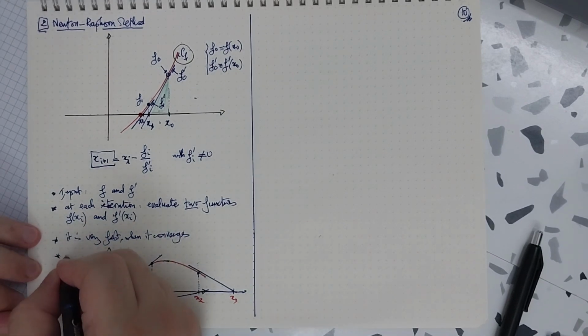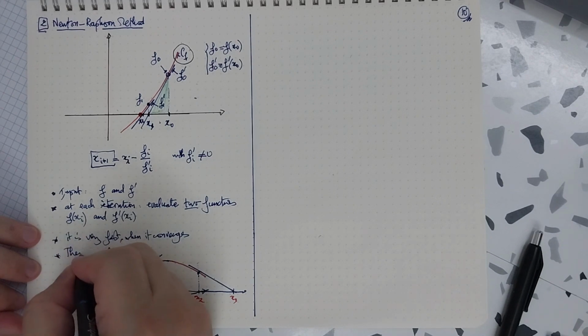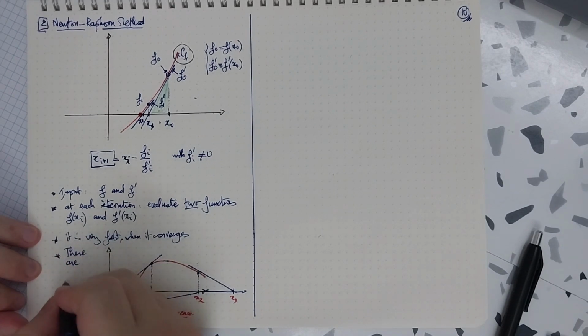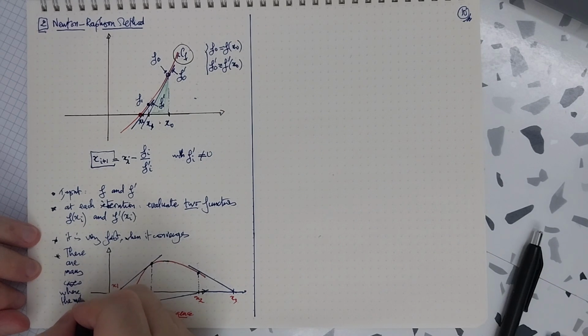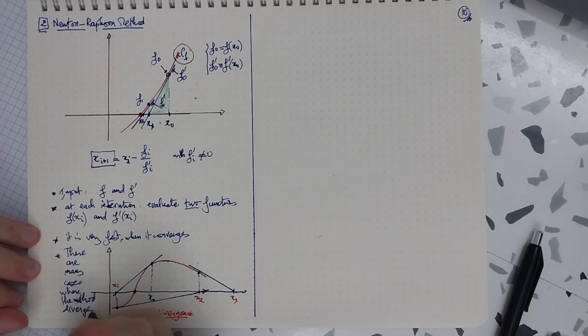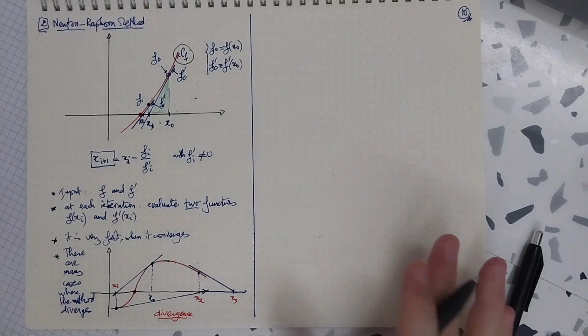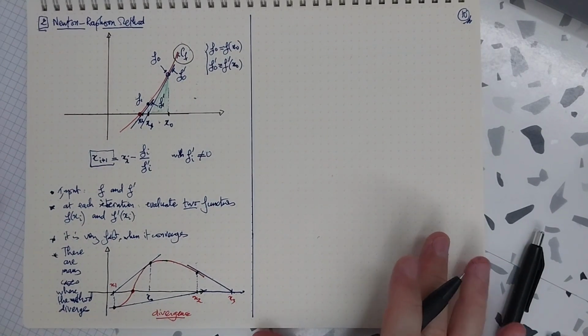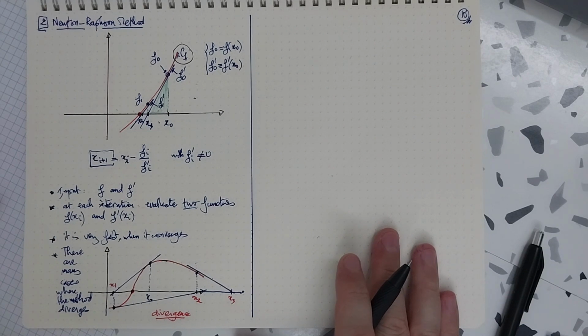And there are many cases where the method diverges. So this is an overview of the Newton-Raphson method.